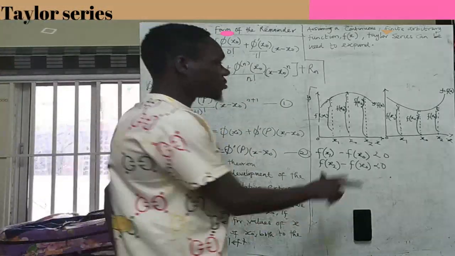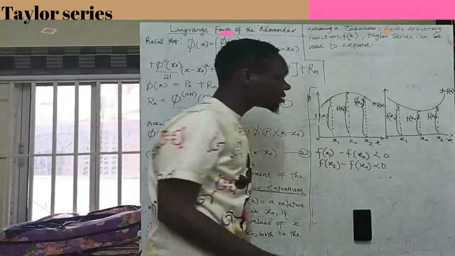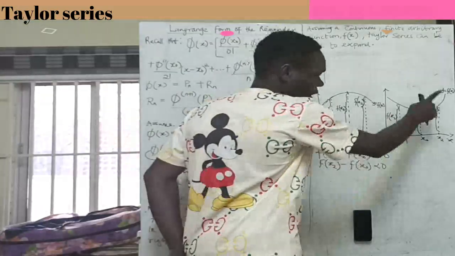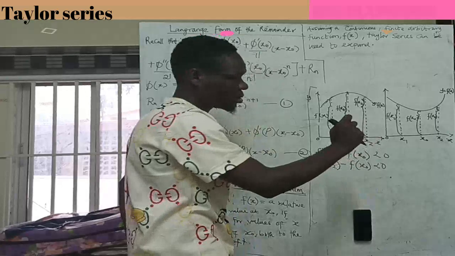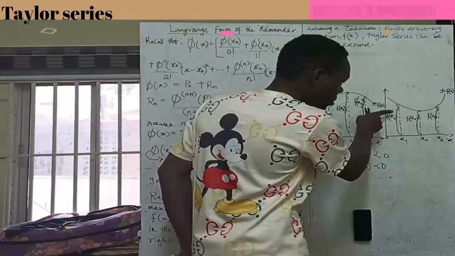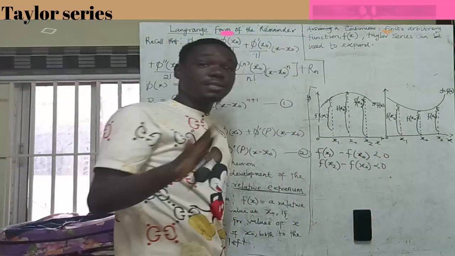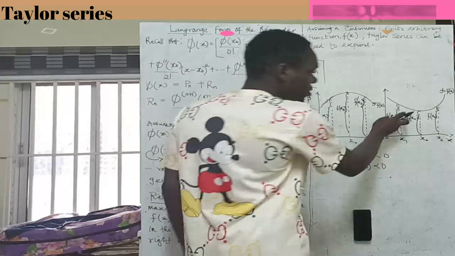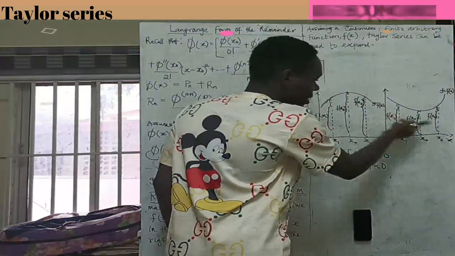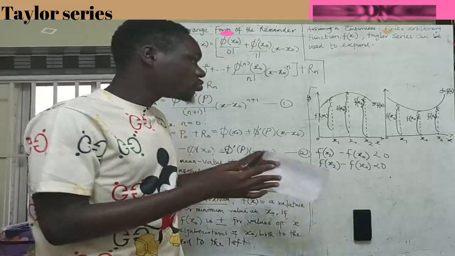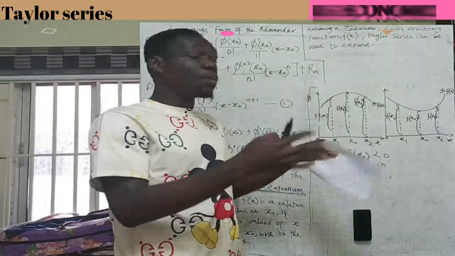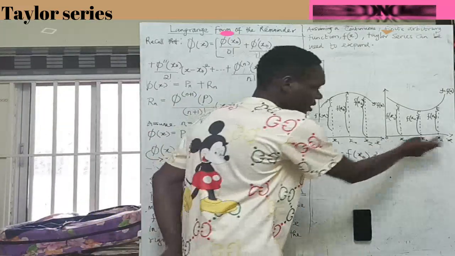All right, now looking at the one on the right, this is bowed outward. Again we are identifying 3 points on the curve, x naught, and then two chosen neighborhood values, this and this.